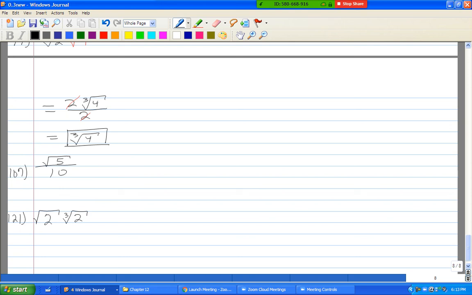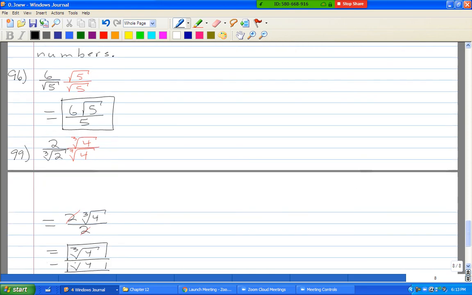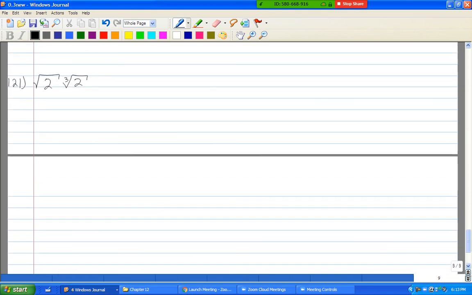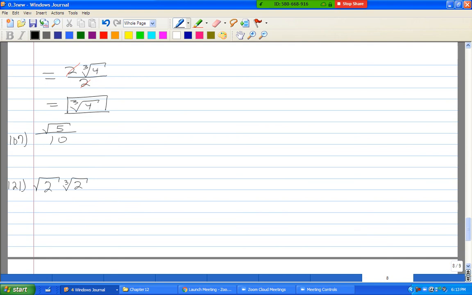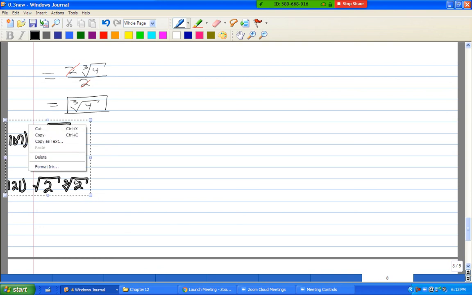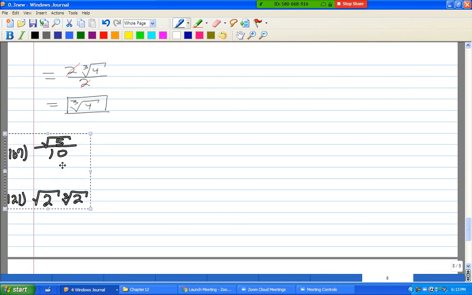Oh, I must have missed what the question was. Somehow I missed what the question is asking. But this obviously has to be asking to rationalize the numerator. So somehow this is missing a question here. I want to rationalize the numerator, and so I'll multiply and divide by rad 5.